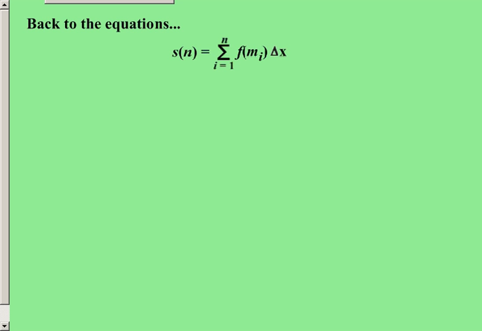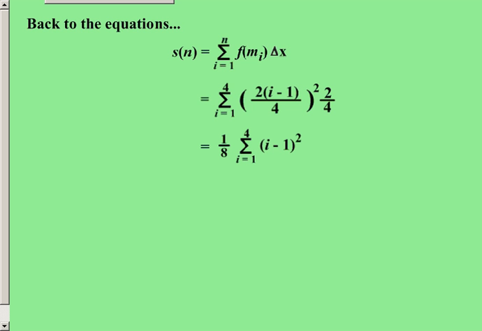Going back to the equations at hand, here's the lower sum, and the new values, using the fact that there are now 4 subintervals. We end up with a 4 over a, well, goodness gracious, what is it?